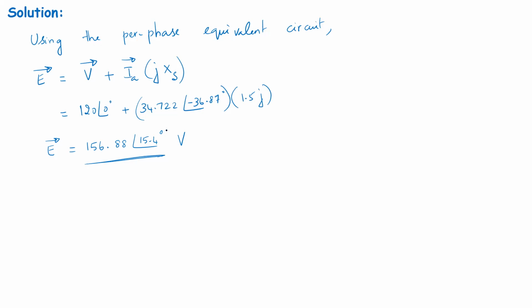And how about the angle? The angle should be a positive number for a synchronous machine when it is acting as a generator. So I do not know about the absolute values, but at least I know that the trend makes sense. The magnitude is greater than 120 and the angle is greater than 0, which makes perfect sense.